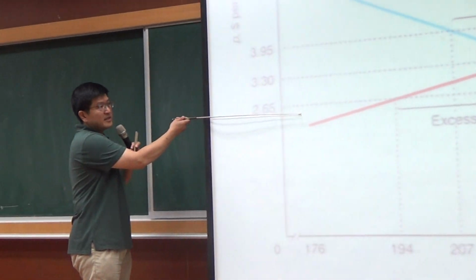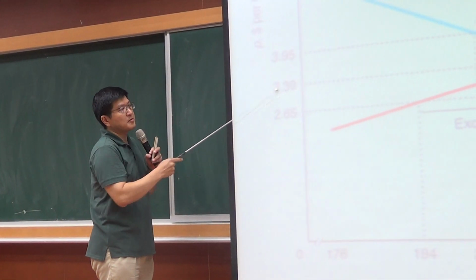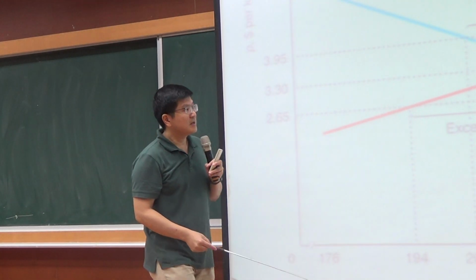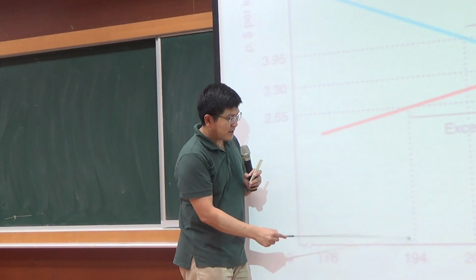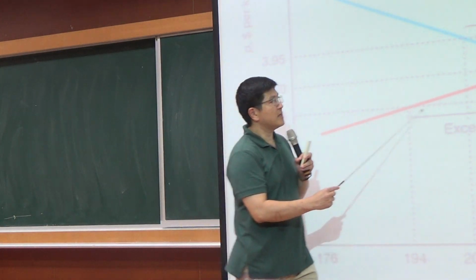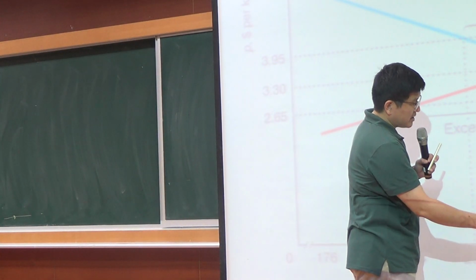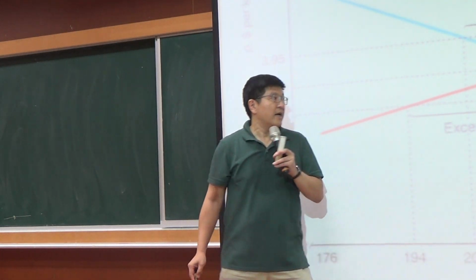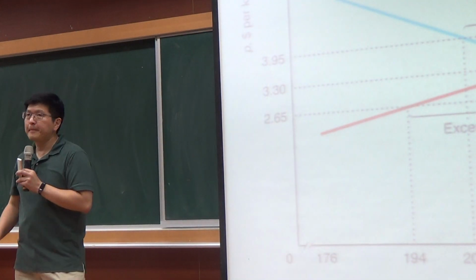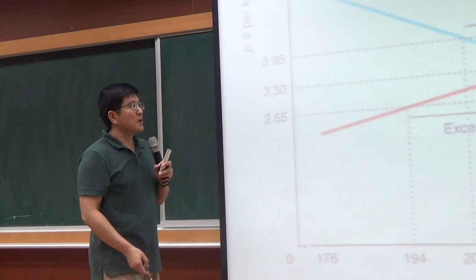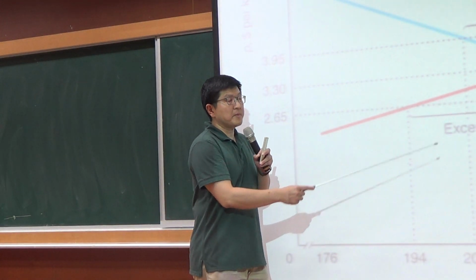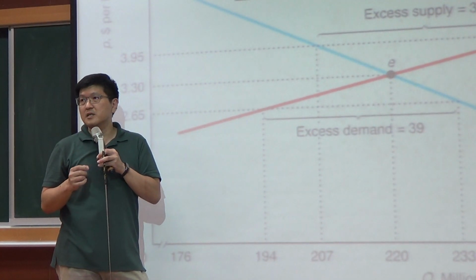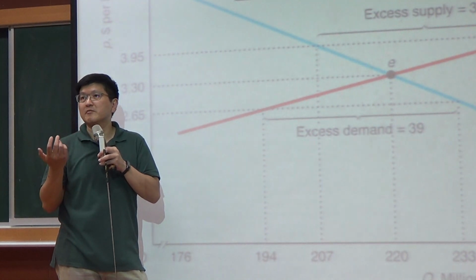But if the price is set lower than the equilibrium level, say 2.65, then the quantity supplied will be 194, and the quantity demanded will be 233. There would be an excess demand of 39. When we come across excess demand, there will be a pressure to make the price go up, right?